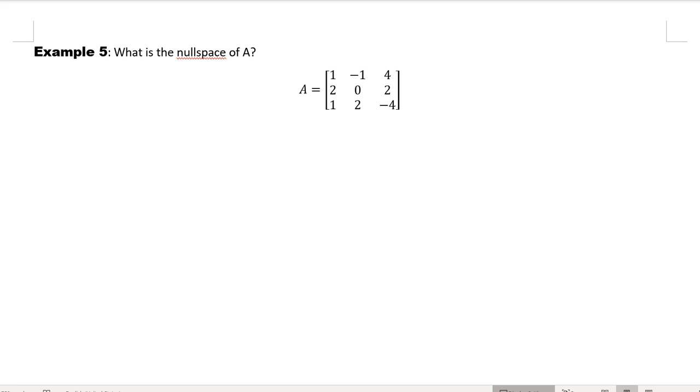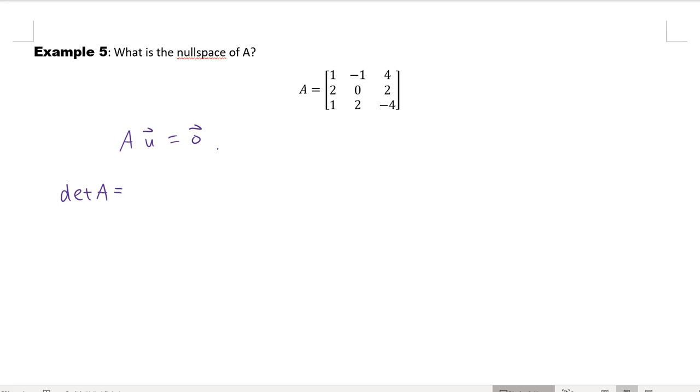We can use Gaussian elimination to find the solution, and there is another shorter way to know whether it has a unique solution, which is to compute the determinant. Okay, so we want to solve Au equals 0, but maybe it's easier to compute the determinant first.